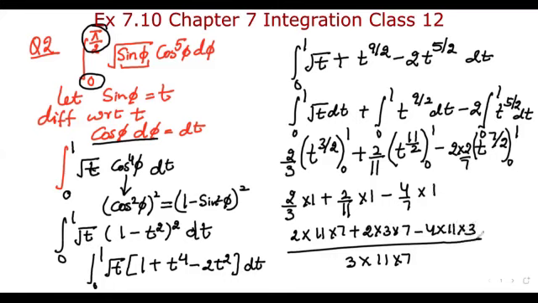So on solving it, this value will become 154 plus 42 minus 132 divided by 3 into 11 into 7. On solving, this will become 64 upon 231.